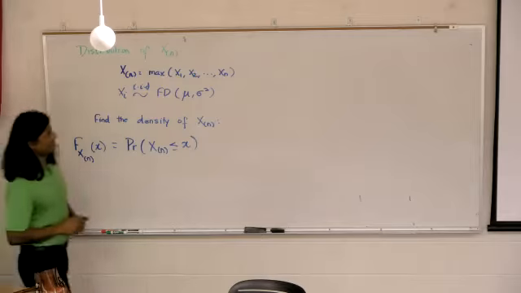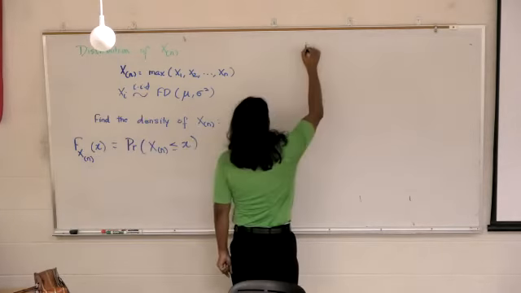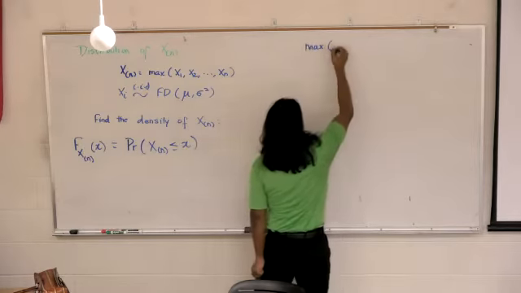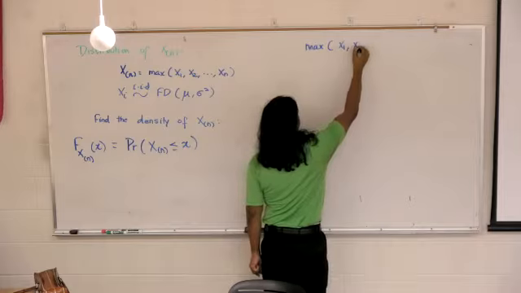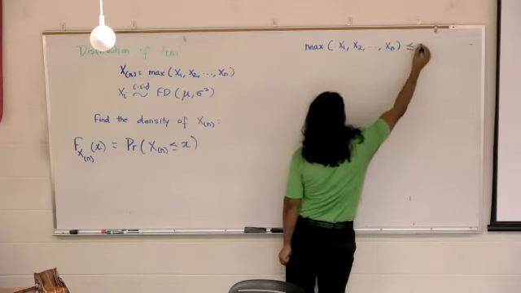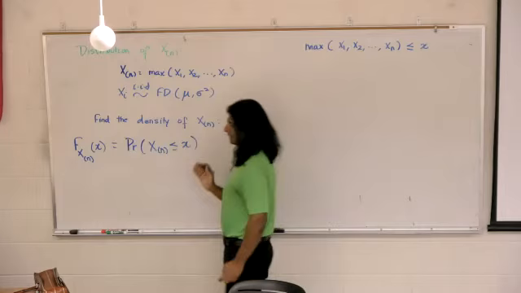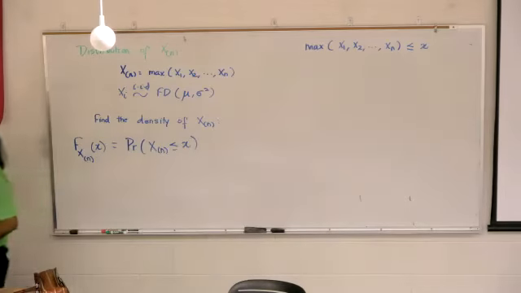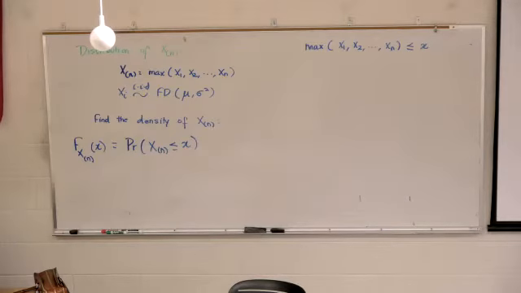If I say that the maximum of X1, X2, all the way up to Xn is less than or equal to x, what does it say about the other variables? They all have to be less than or equal to x.